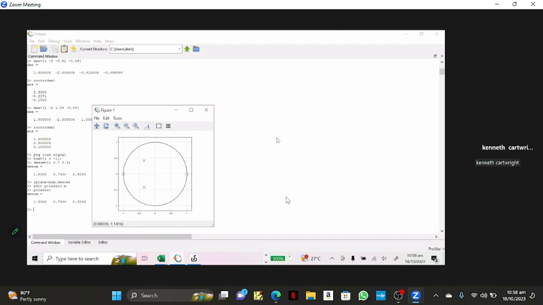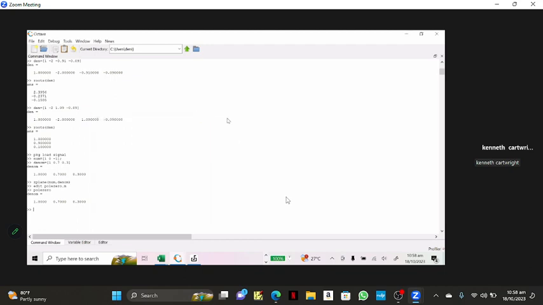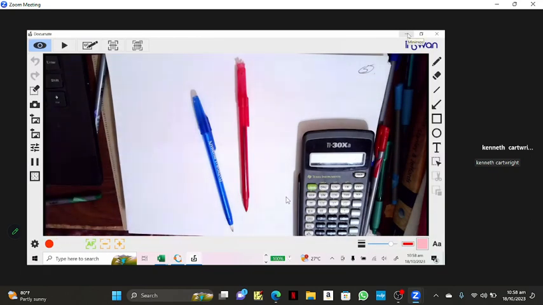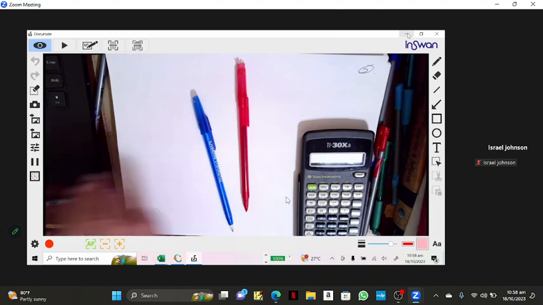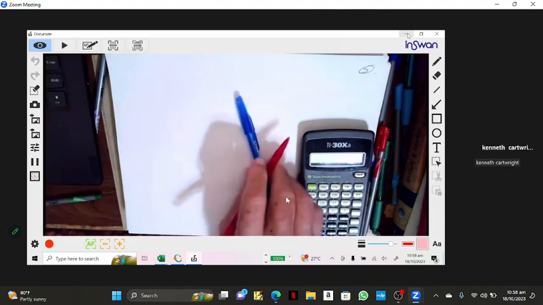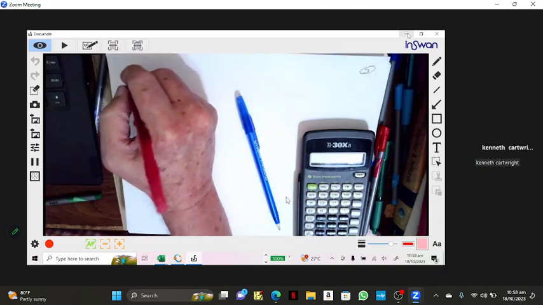Okay. Now let's actually do one from the book. You all see my writing pad now? Yes, sir. Okay. So here's the transfer function.